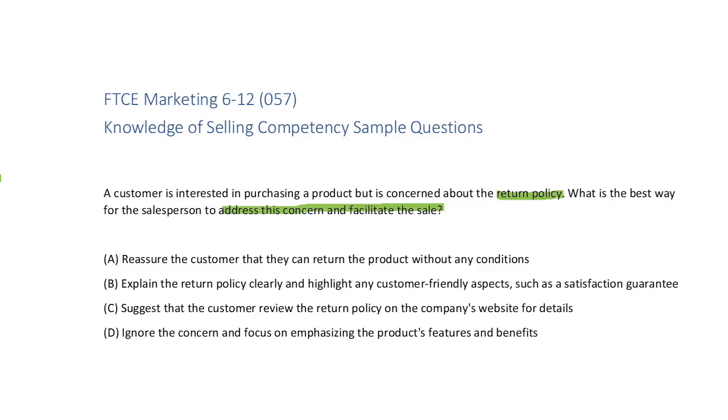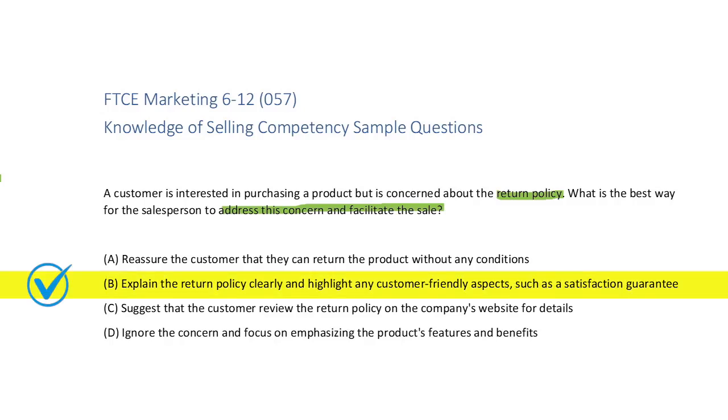Suggesting a customer review the return policy on the company website lacks empathy and follow-through and is actually ignoring the concern, and focusing on the product's features and benefits would not be attending to the needs and concerns of the customer. Therefore, answer choice B, explain the return policy clearly and highlight any customer-friendly aspects, such as a satisfaction guarantee, is the correct answer choice.